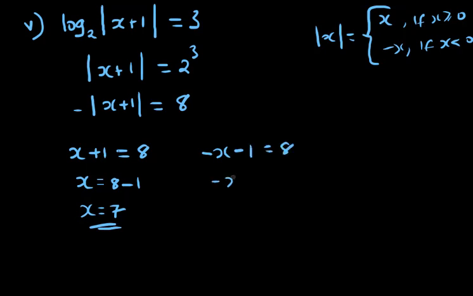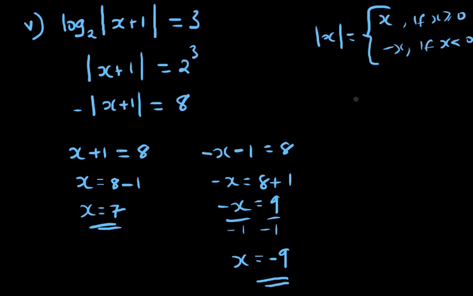So negative x is equal to 8 plus 1, so negative x is equal to 9. We divide by negative 1 there, we'll have x is equal to negative 9.